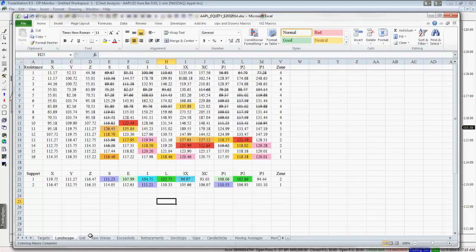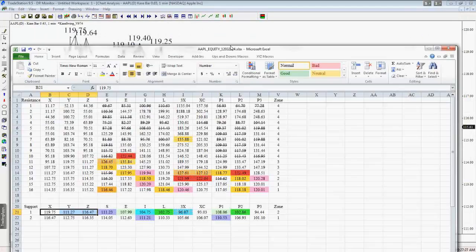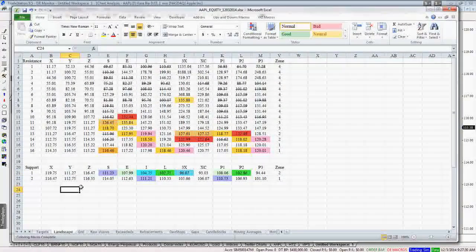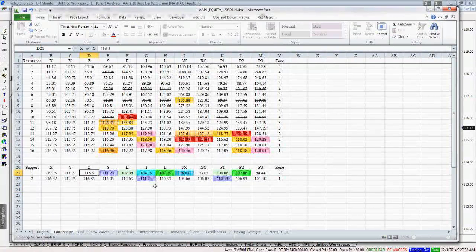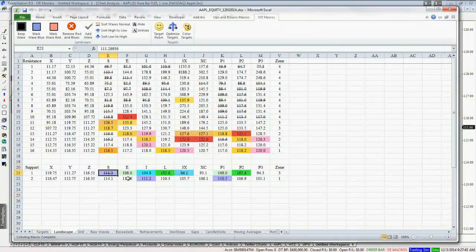As far as the downside is concerned, this is the major wave right now, 119, 111, 116. That should actually be 116.51, so I apologize about that. But nonetheless, it's not going to change these that much. All right. So we're looking at basically 108 right now as our equal to target.